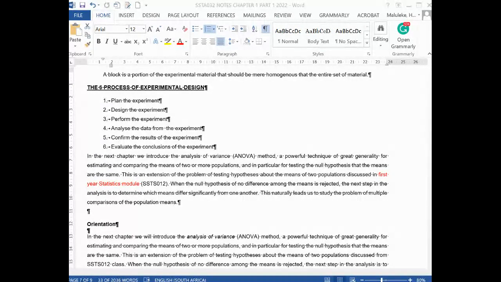We have an idea that we want to compare the three methods, to check which method is more effective than the other. So what is the planning part? How do you design an experiment to be able to check these three methods?